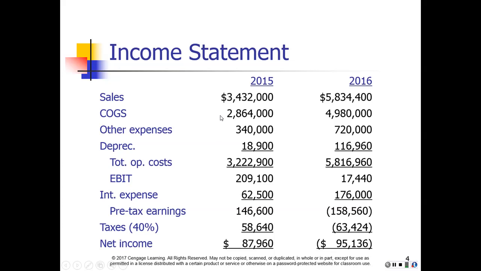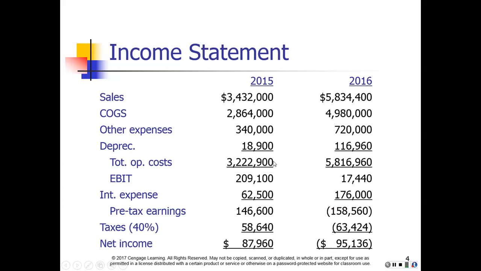So we're deducting cost from sales. So it's sales minus cost of goods sold minus other expenses minus this depreciation amount gives us the operating profit. Well, the total operating cost is this cost of goods sold and other expenses and depreciation.